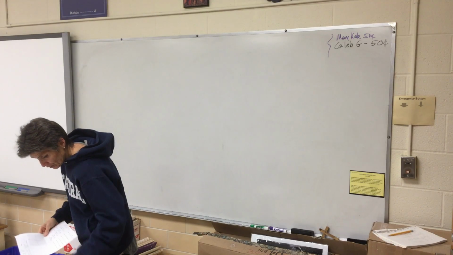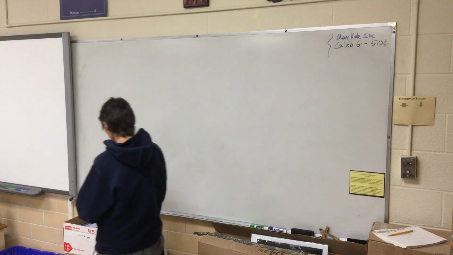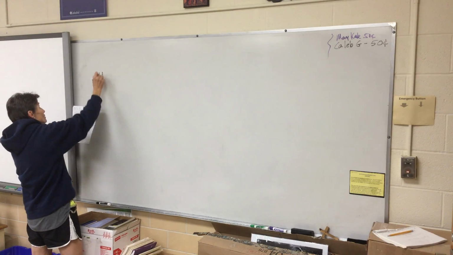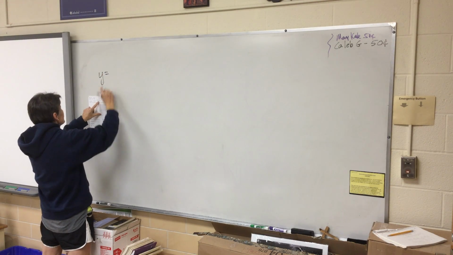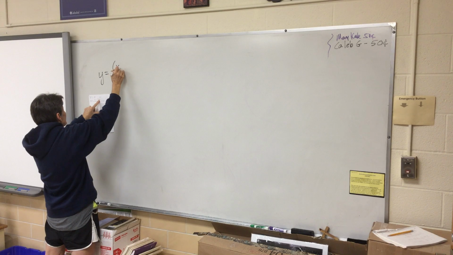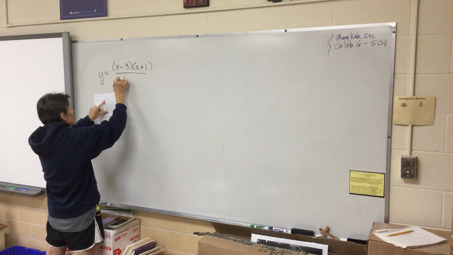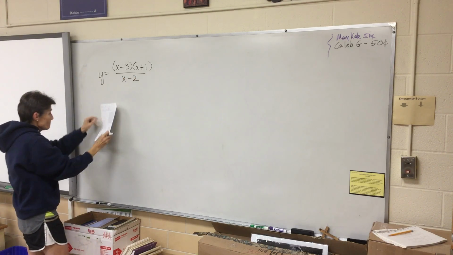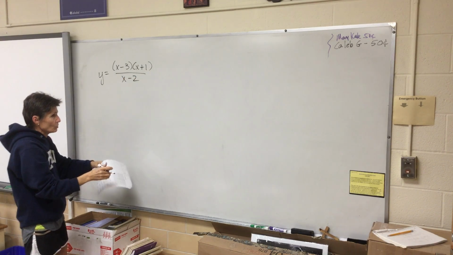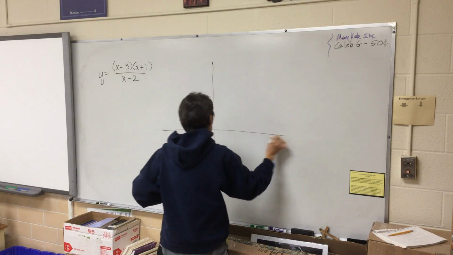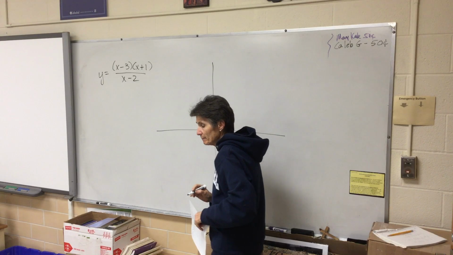You will not be able to look at the problem and tell if there are any holes. You're going to have to factor it to make sure. So here's my equation. I'm going to go ahead and factor. So it's x minus 3 plus 1. Okay. So what does that mean? In the blank that says holes, we'll simply write none. Because nothing cancels, right?